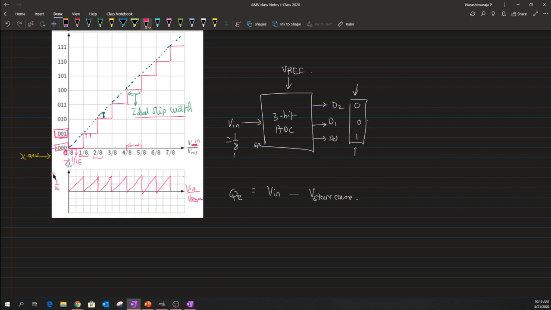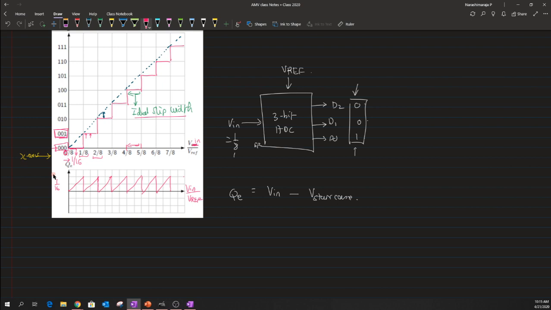This is a definition we have to go ahead with, and we will be widely using these step width and step height definitions when we discuss nonlinear errors.